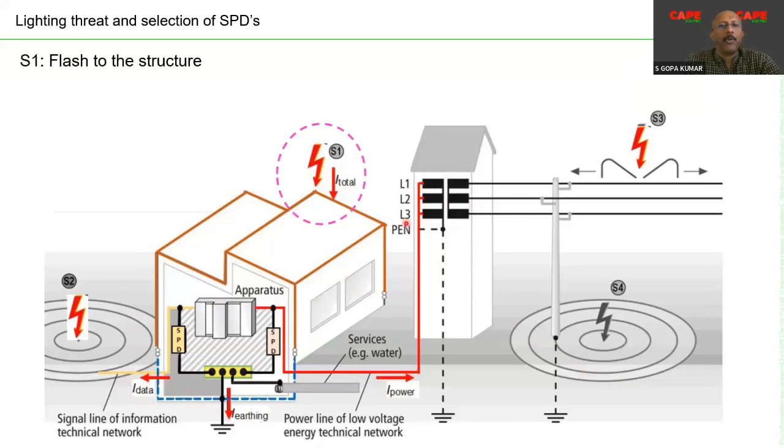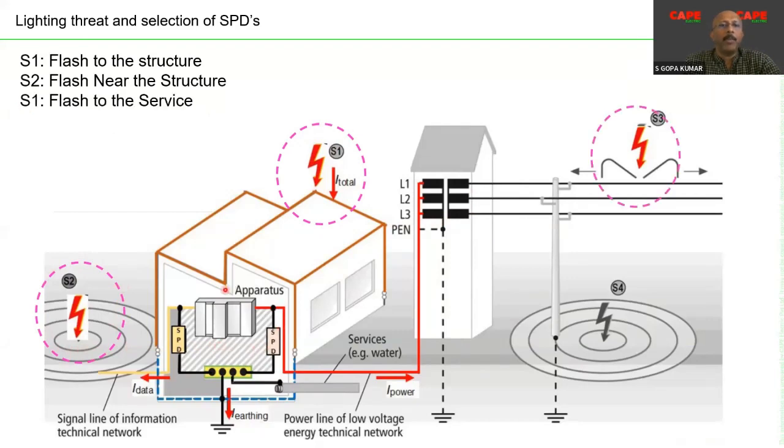S1 stands for flash to the structure, meaning a direct lightning strike. Where I am moving the cursor, a direct lightning strike is on the building. As a result, this strike is going to create a failure. Number 2, S2, flash near the structure. Here, direct lightning is striking near the building. As a result, the induced effects, the coupled effects, are going to kill the electronics inside the building.